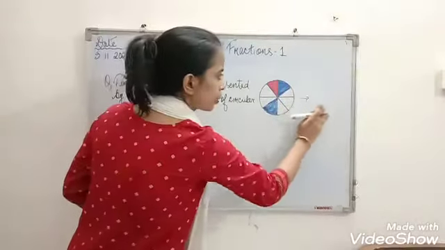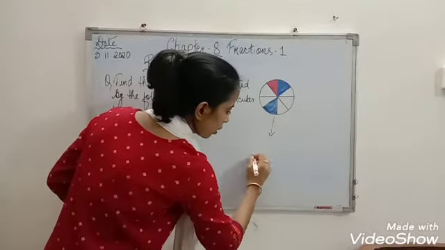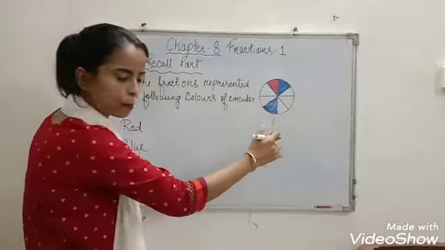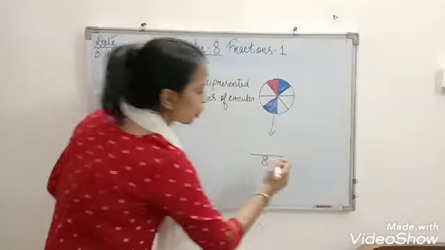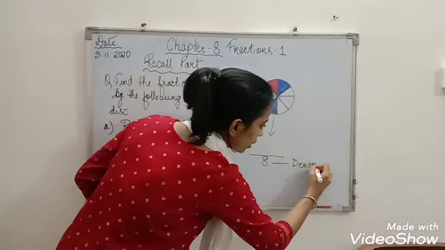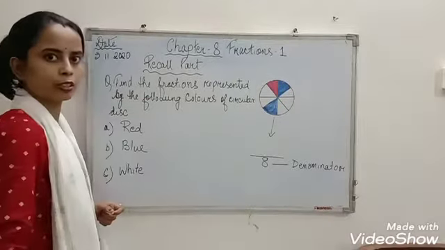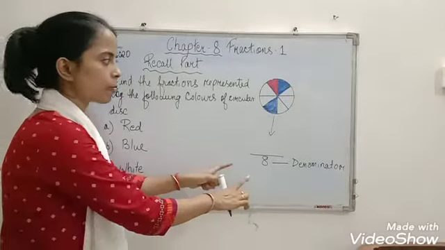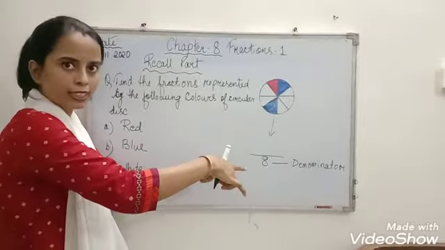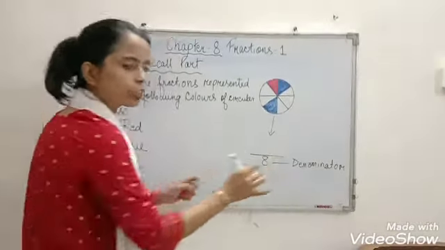So 8 is what, children? Let me write it down. Denominator. The total equal parts that a whole is divided into, we call it what? Denominator.